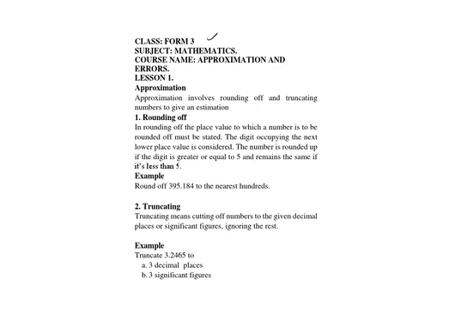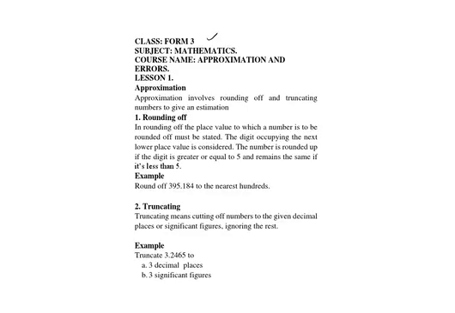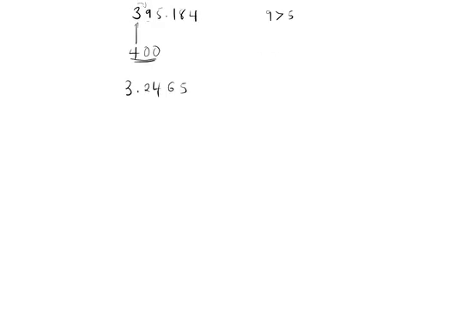For example, when we are told to truncate 3.2465 to 3 decimal places, we count 1, 2, 3. Then we cut off the rest of the digits, and this one gives us 3.246.